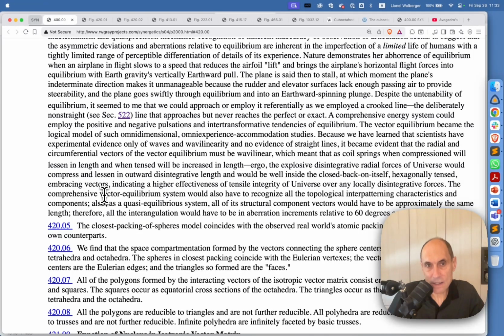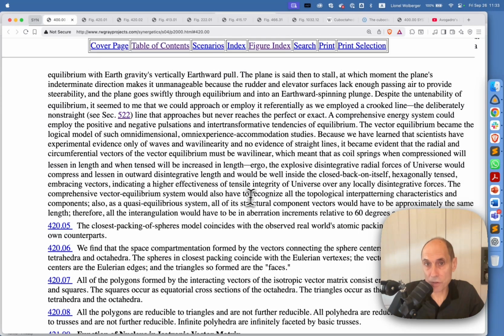The comprehensive vector equilibrium system would also have to recognize all the topological interpatterning characteristics and components. Also, as a quasi-equilibrious system, all of its structural component vectors would have to be approximately the same length. Therefore, all the interangulation would have to be in aberration increments relative to 60 degrees as the equilibrious norm.